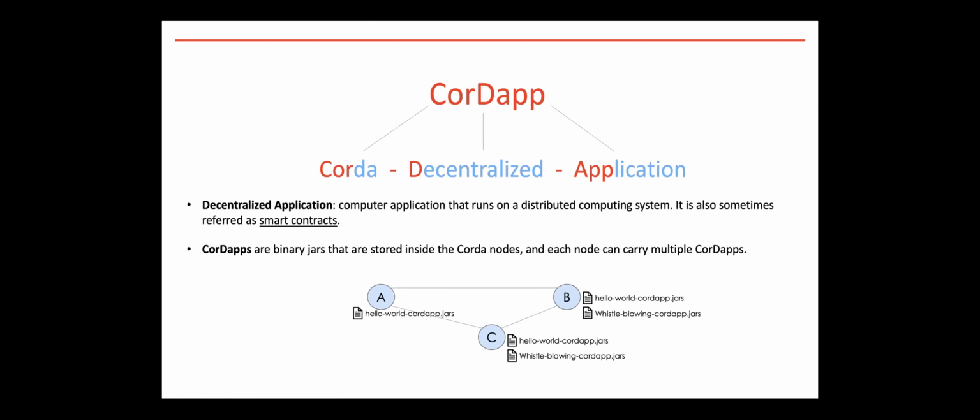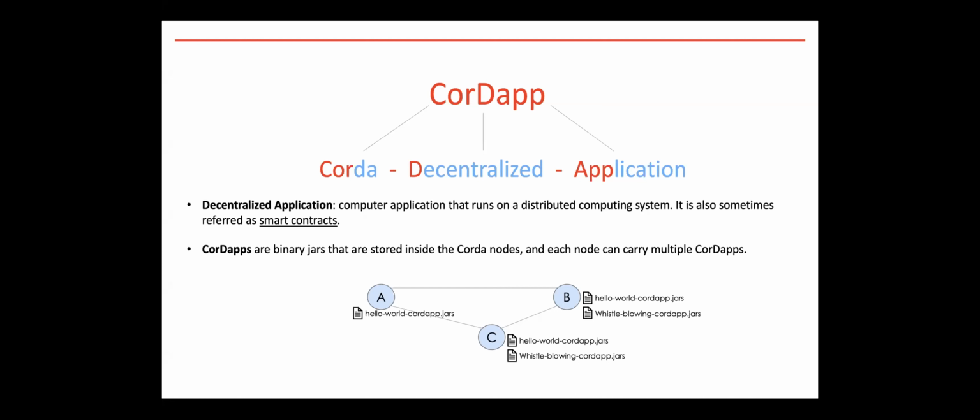All three nodes carry the hello world Corda app. That means all three nodes can share functionalities and transact with one another, using the methods in the hello world Corda app.